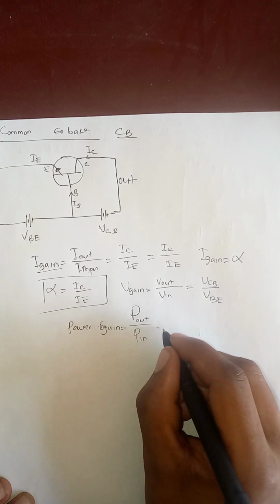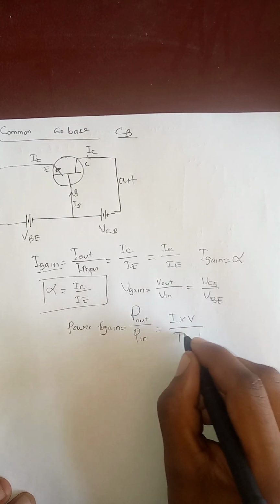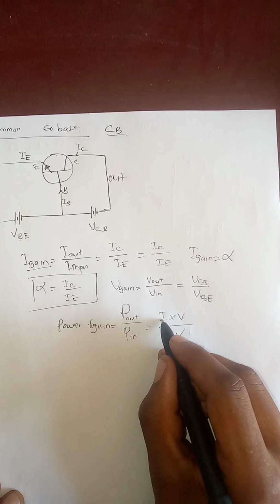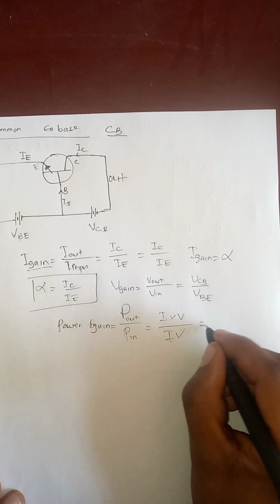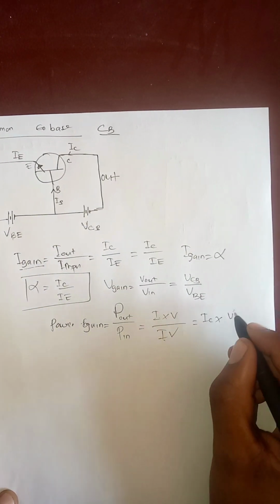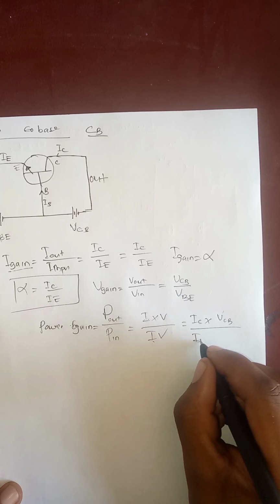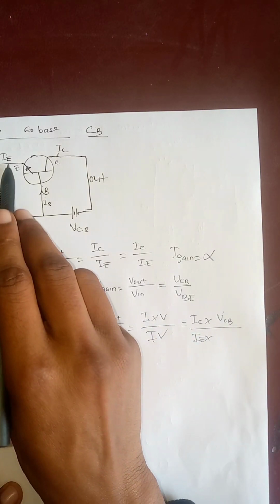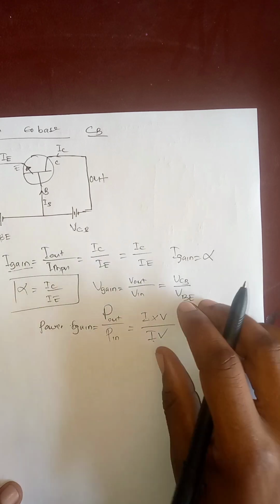We know power is IV, but we know output and input, so it is IC times VCB over IE times VBE.